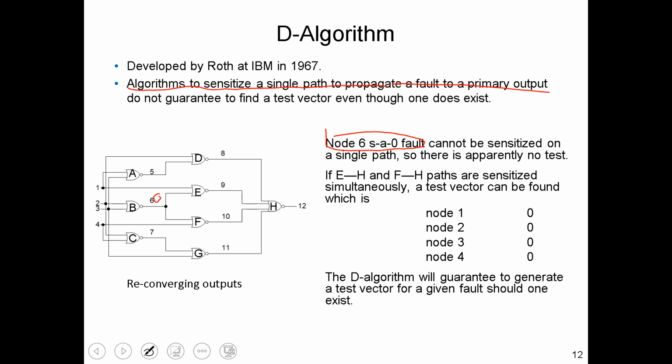Node 6 is stuck at 0, so we should generate 1 at node 6 in contradiction to the fault. So input 2 and input 3 should both be 0 to generate 1 at node 6.